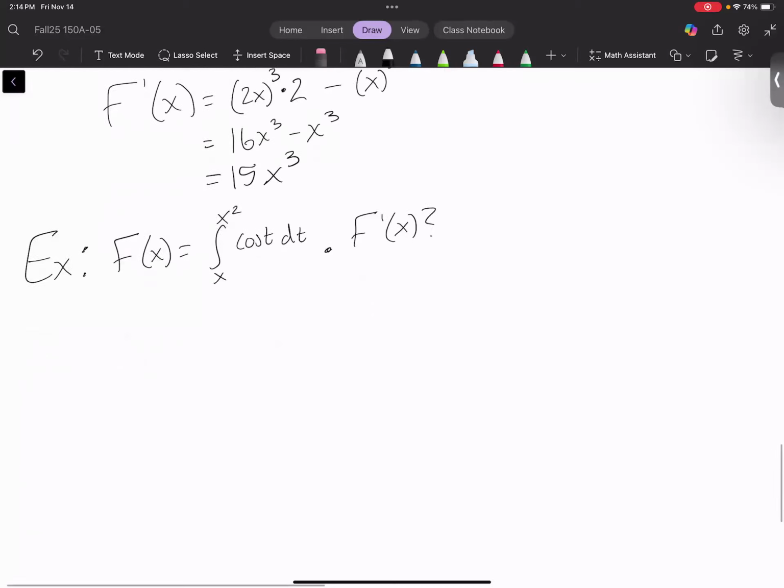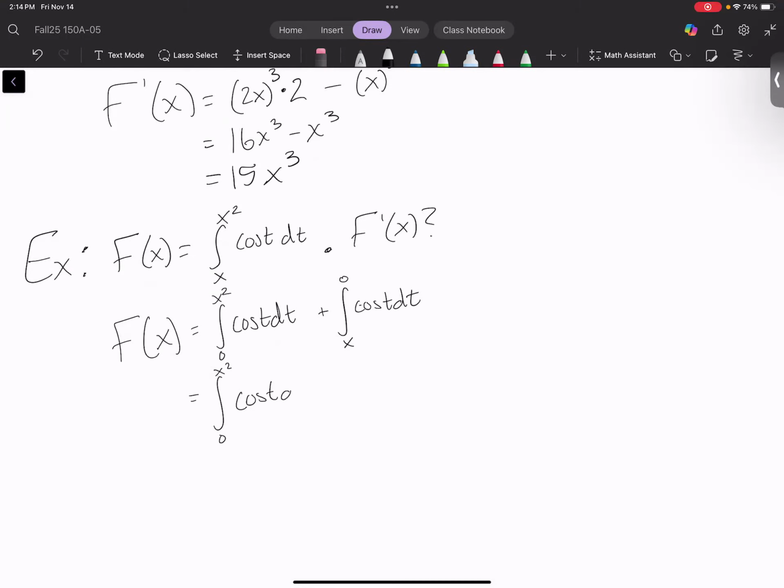We can do basically the exact same strategy we did earlier. So capital F of x is going to be the integral from 0 to x squared of cosine t dt plus the integral from x to 0 of cosine t dt. Then we can flip the bounds on the other one so that all of our function bounds are in the top.